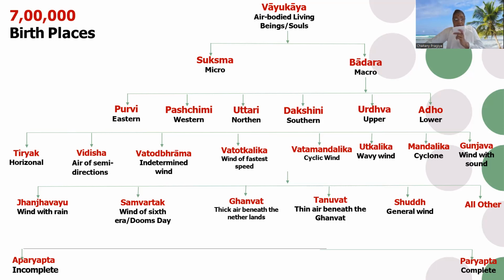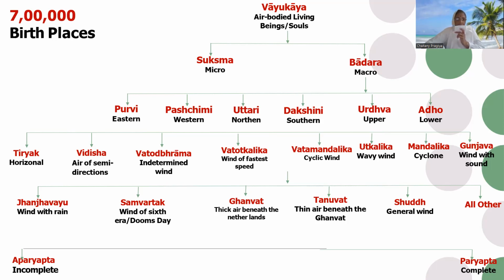The wind which comes from above is known as upper air, and the air which comes from below is known as adho air.